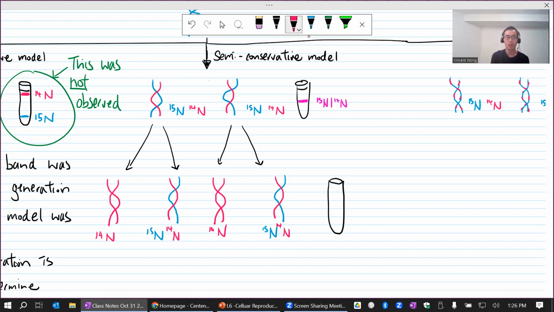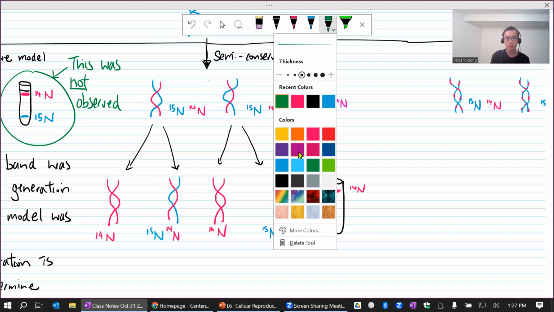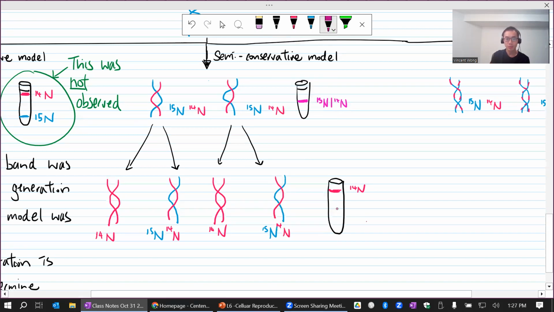Hopefully, you will understand that there is a band at the top that corresponds to the 14. And then you will have one in the middle. It's a different kind of purple, but you get the idea. You're going to have a mixed one in the middle.